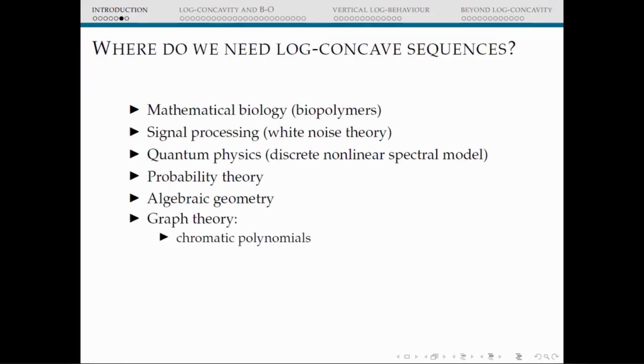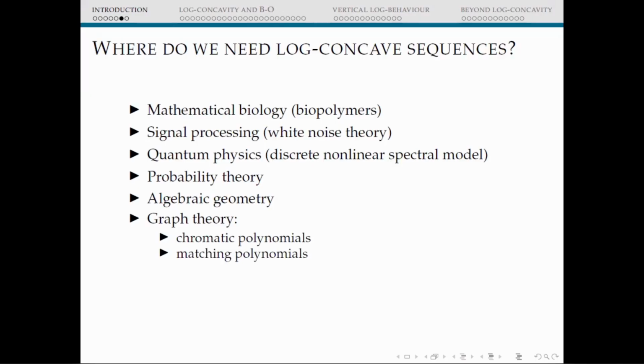And in graph theory in particular, it is quite nice because there are well-known results related to June Huh, who in 2022 was awarded the Fields Medal. In particular, he showed that the coefficients of chromatic polynomials are log-concave, as well as the coefficients of the characteristic polynomials of matroids.